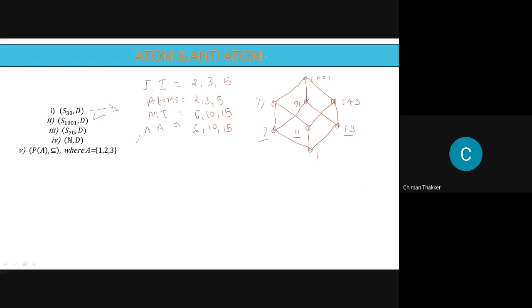So the join irreducible elements are 7, 11 and 13 and they are the covers of 1. So atoms are also 7, 11 and 13. The meet irreducible elements are, so here only one line coming from the upside, those elements are 77, 91 and 143.